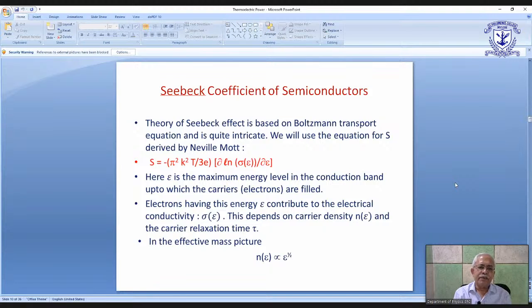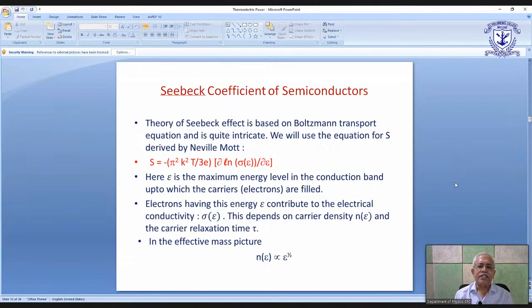So the Seebeck coefficient is given by the formula shown here. Notice that it is proportional to temperature, and there is also a derivative of the conductivity. We also know that conductivity depends on temperature, so the dependence of S on temperature can be quite complex.